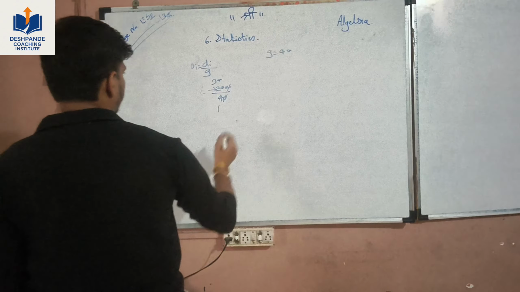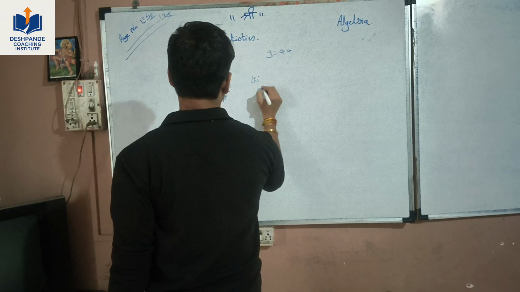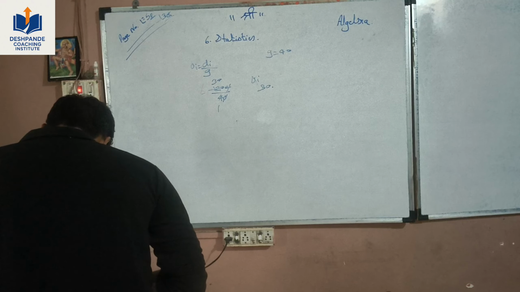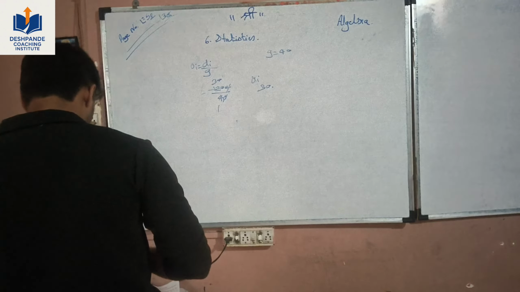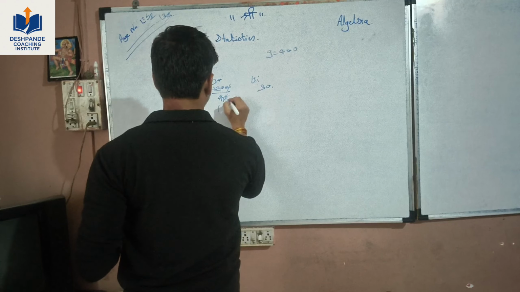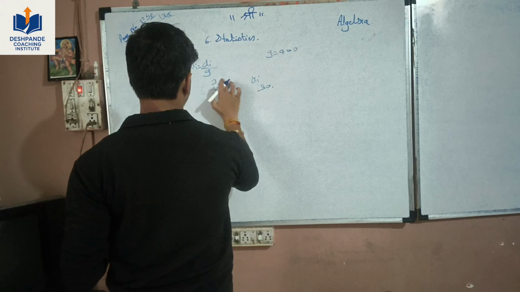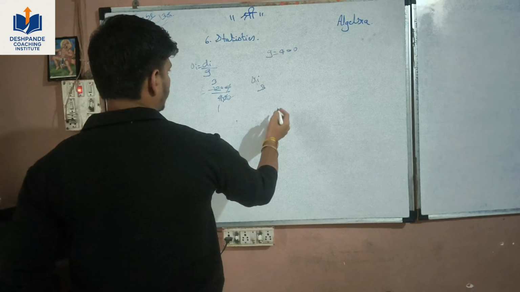So what will be the ui for the first one? It will be 30. ui will be 3. It is not 40, g is equal to 400. So these two 0s get cancelled. 4 1s are 4, 4 3s are 12. That's it, not 30. So ui is equal to 3.